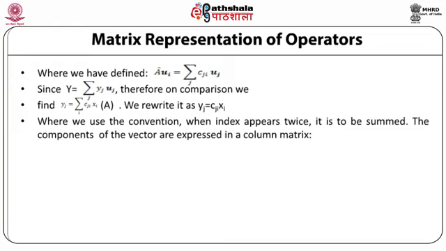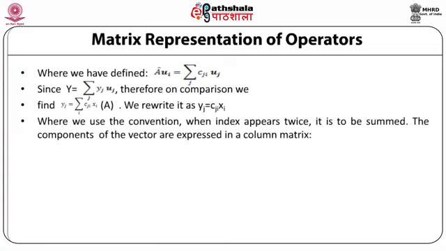Now, since the vector y is equal to summation over j of yj uj, on comparison with the above equation we find that yj is equal to summation over i of cji xi. We can rewrite it as yj equal to cji xi. Here we have used the convention that when an index appears twice, it is to be summed over.